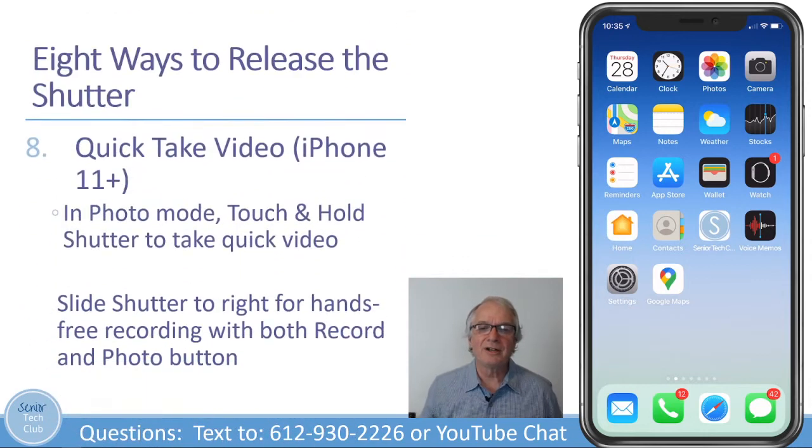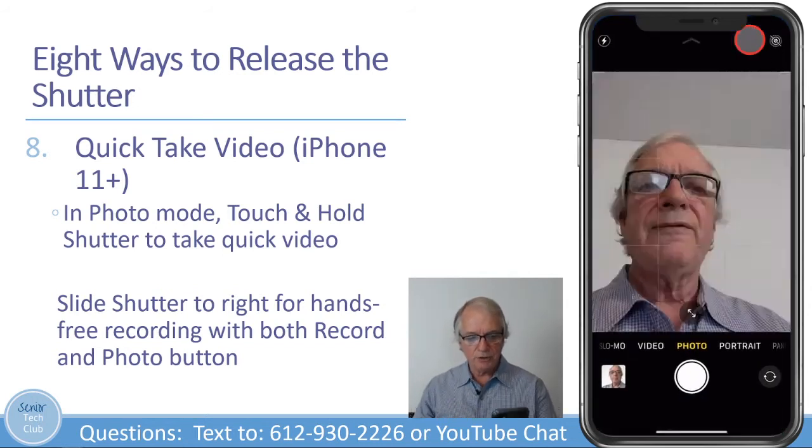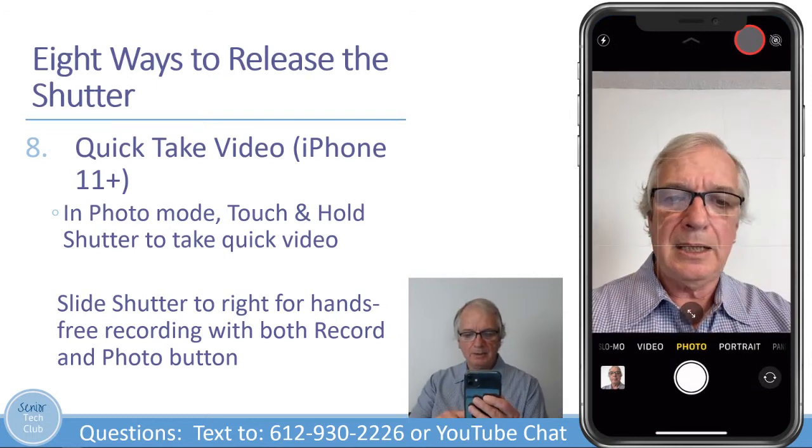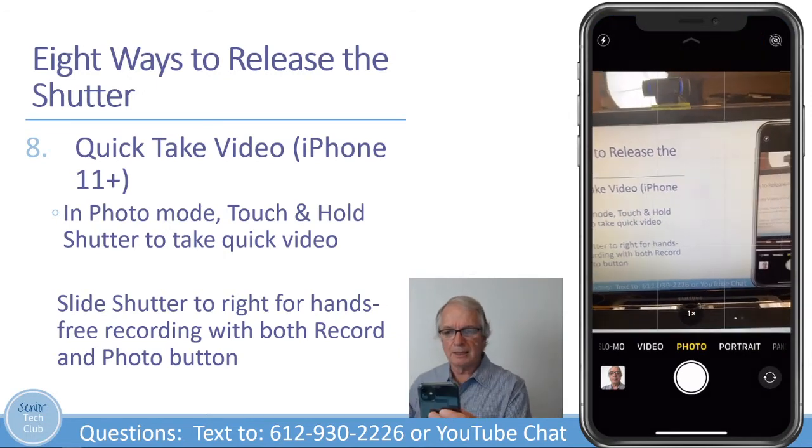All right, here's the final shutter release. This is an option that is only available on iPhone 11 and later phones, and that is a quick take video. Let me switch the camera around, like this.